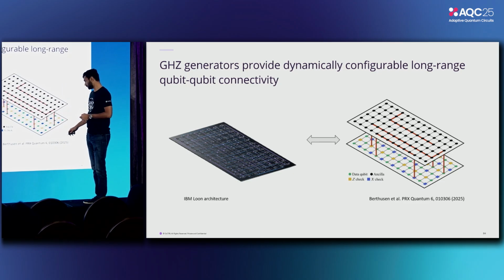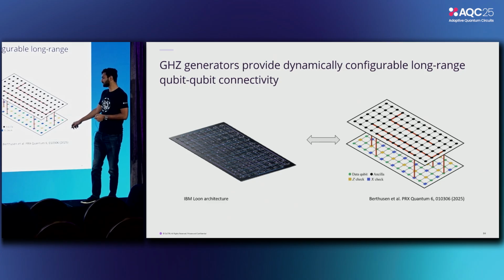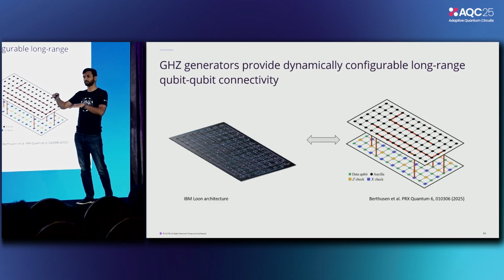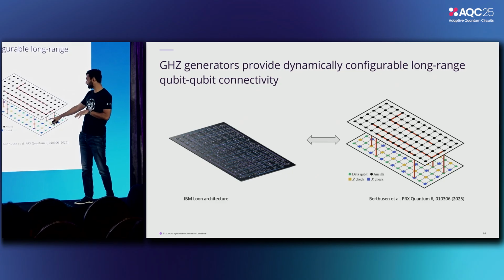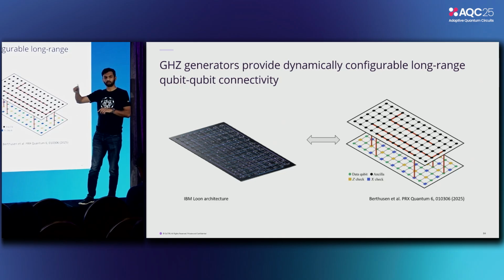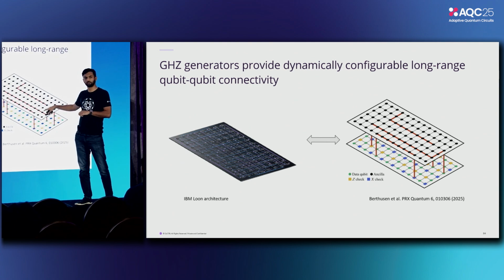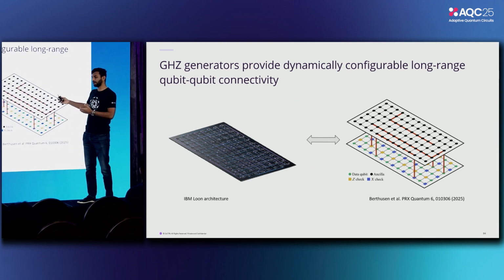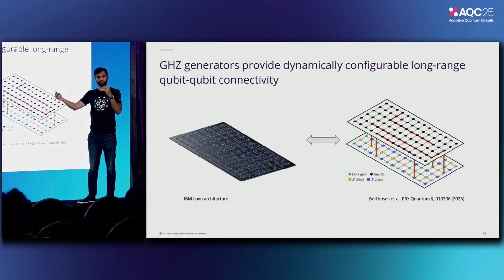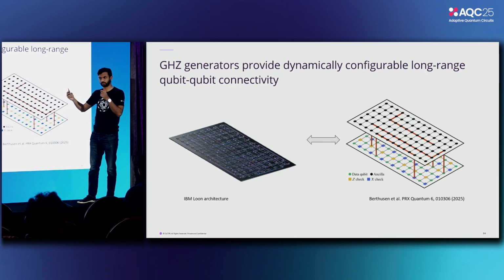Another approach also came up this year, which Bartusen and the team showed: if you just have two planar chips, you can use the upper chip essentially as a communication link. The GHZ approach works very well in this way, where you can dynamically choose which qubits you want to couple in a long-range way.